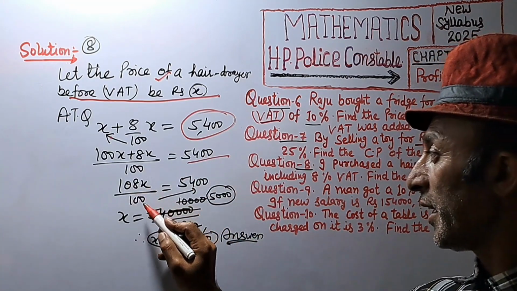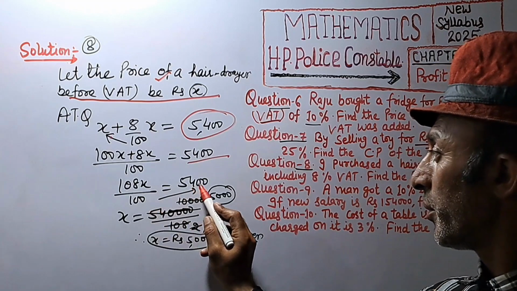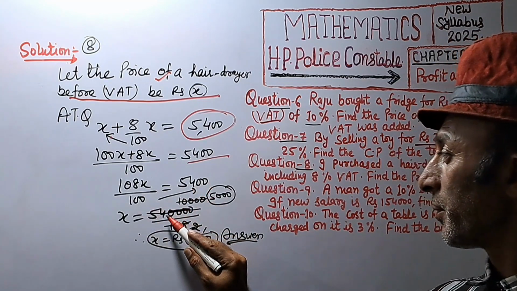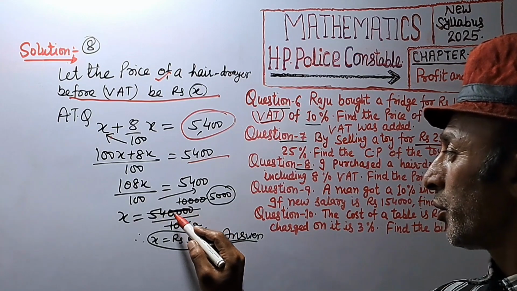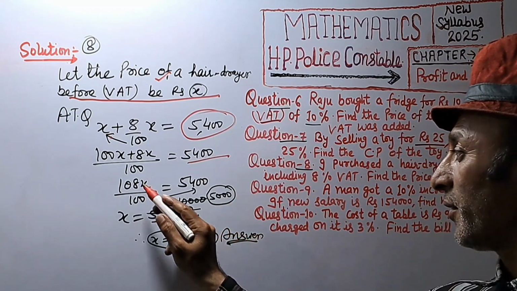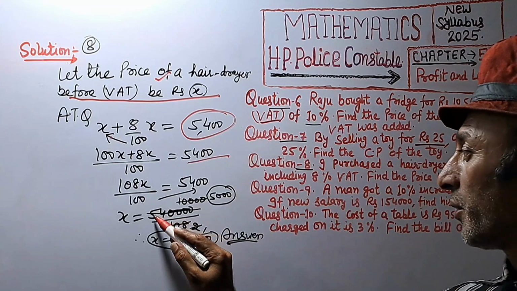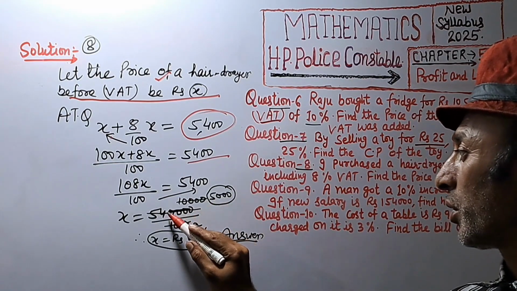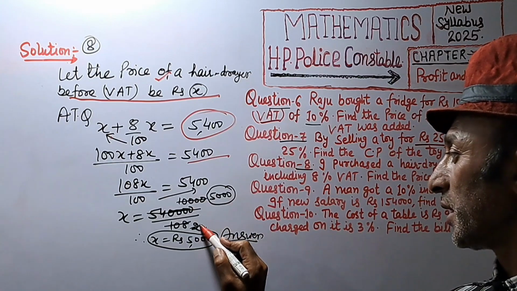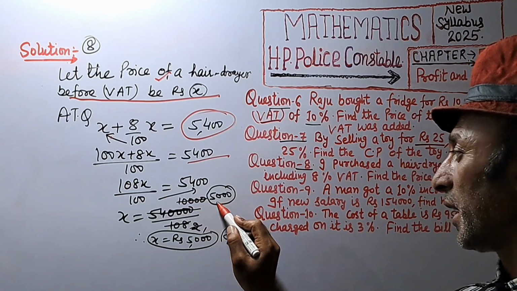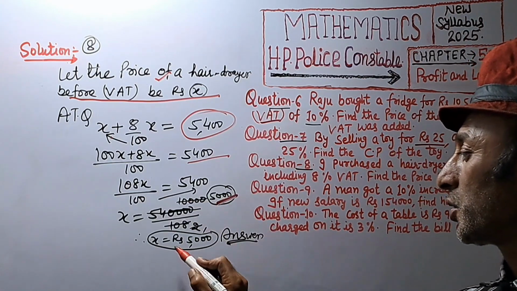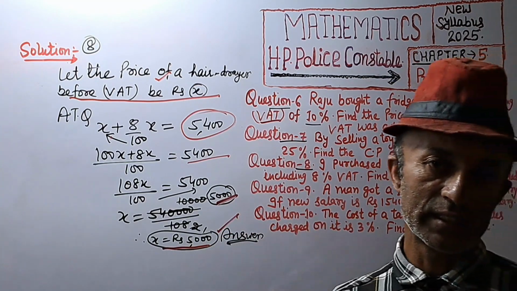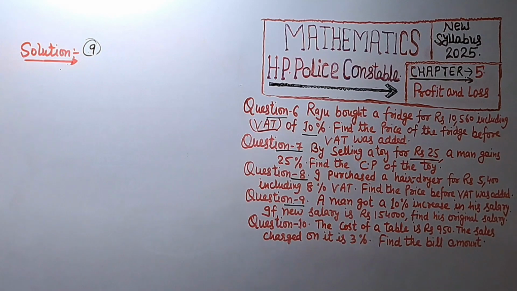And 108x is equal to 54, 100 multiplied by 100, that is 54 4 zeros, and divided by 108. 54 twos are 108 and 54 ones are 54, 4 zeros. Then 2 ones are 2, 2 fives are 10, and we get 5,000. So x is equal to rupees 5,000. Answer.